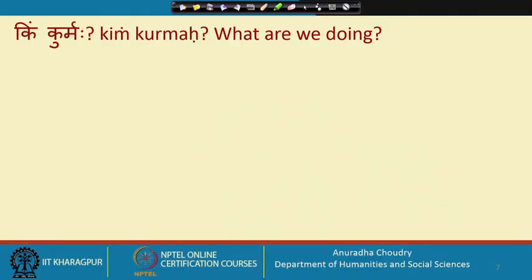It then becomes vayam kim kurmaha, karomi, kurmaha. So the maha at the end is representative of the first person plural present tense. So if you look at the screen, we have kim kurmaha.